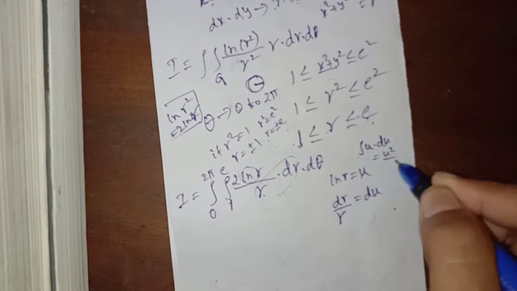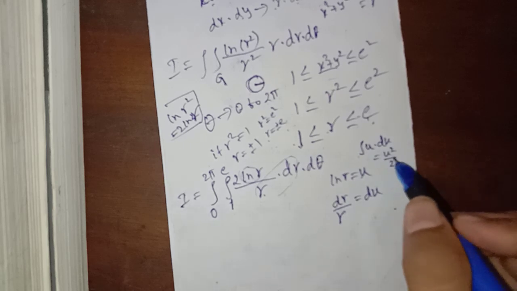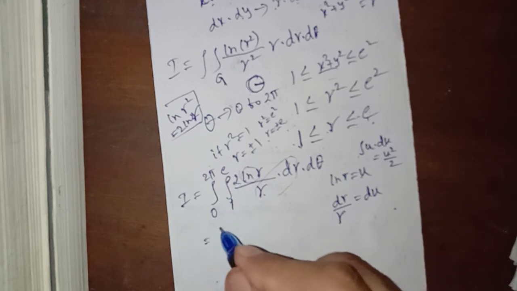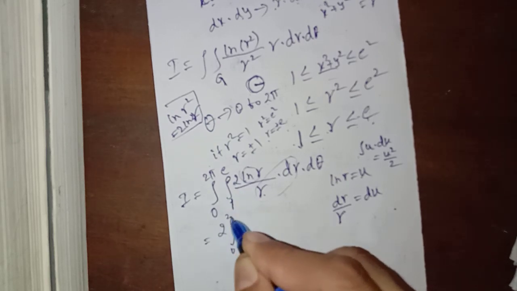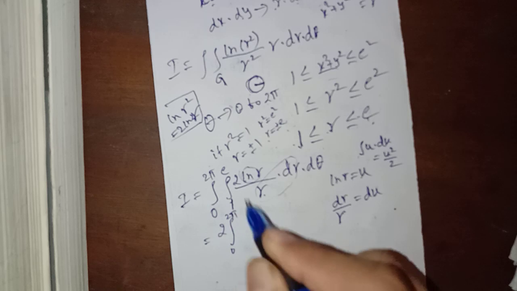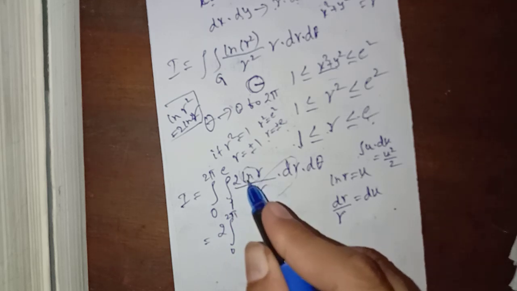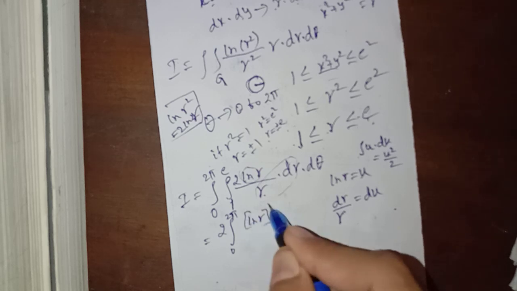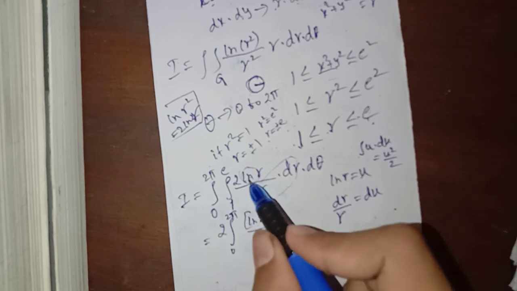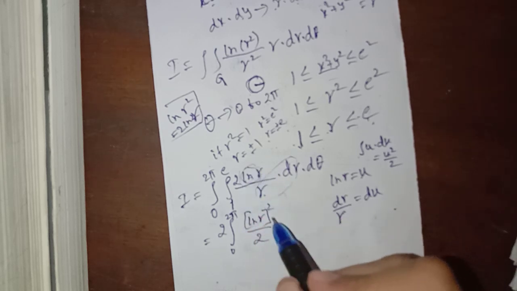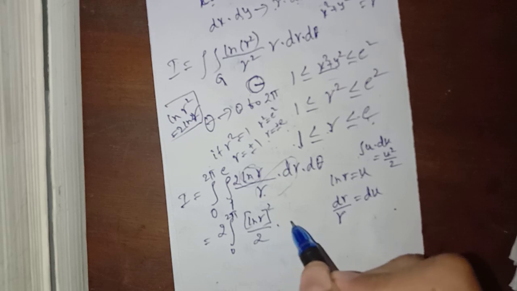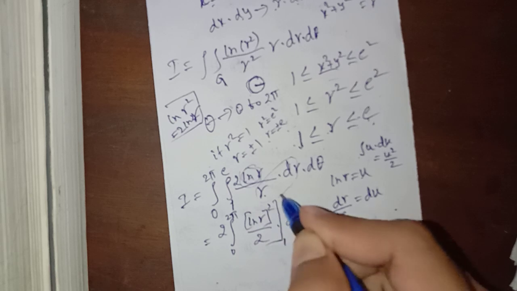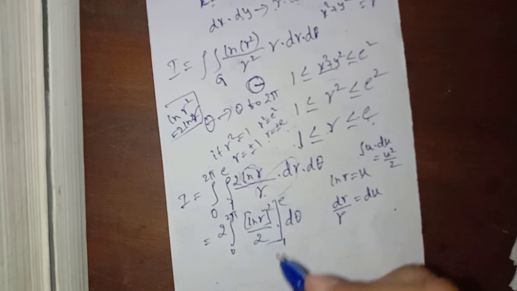That is u square divided by 2. So in place of u, ln r; 2 is a constant taken outside, theta from 0 to 2 pi. We can write it as (ln r) whole square divided by 2, into d theta, with r from 1 to e.